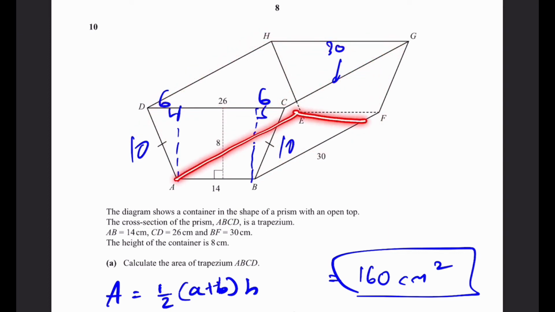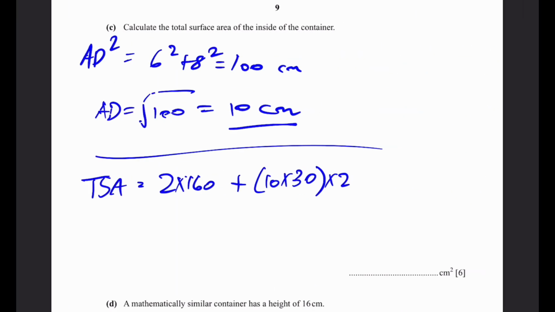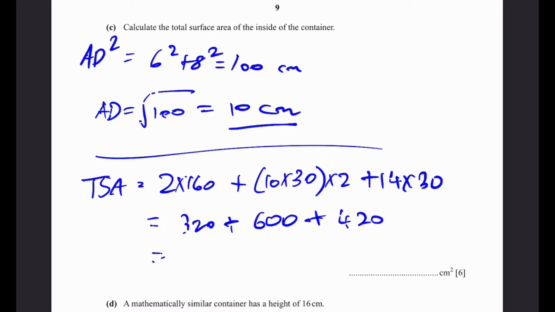So we only find the area of this, which is 14 times 30, since it's a rectangle. So we just add 14 times 30, and that'll be 320 plus 600 plus 420, and we get 1340 centimeters squared. That's the answer.